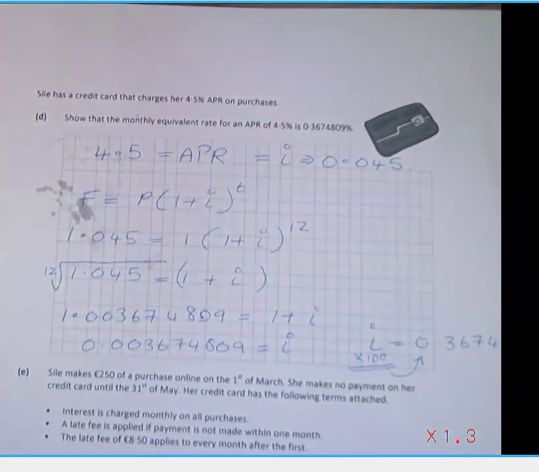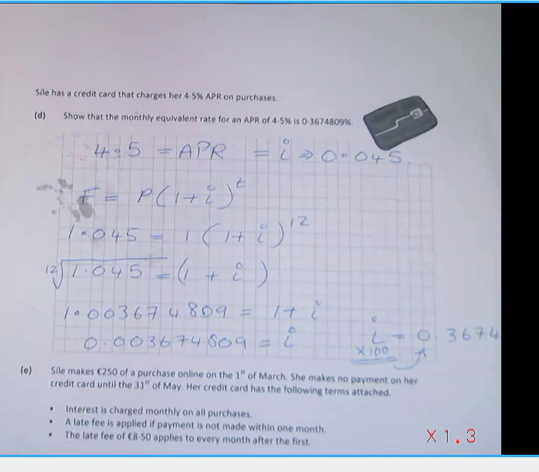All right, and then finally, it says that Sheila has a credit card, and the credit card charges 4.5% APR on purchases. Show that the monthly equivalent of 4.5 is 0.36. So your 4.5 is the APR, so your interest rate as a decimal is 0.045 if you're talking for a year.